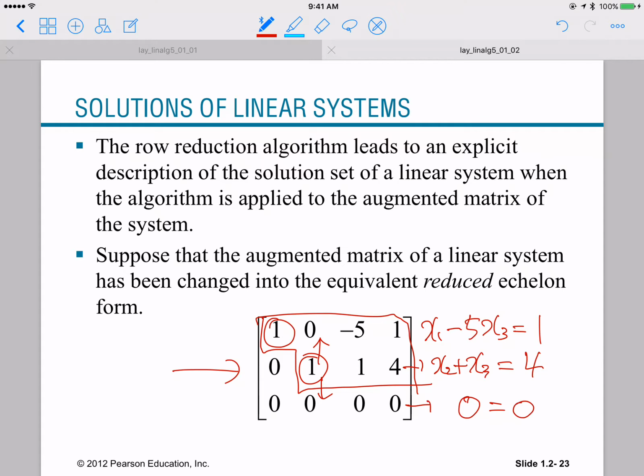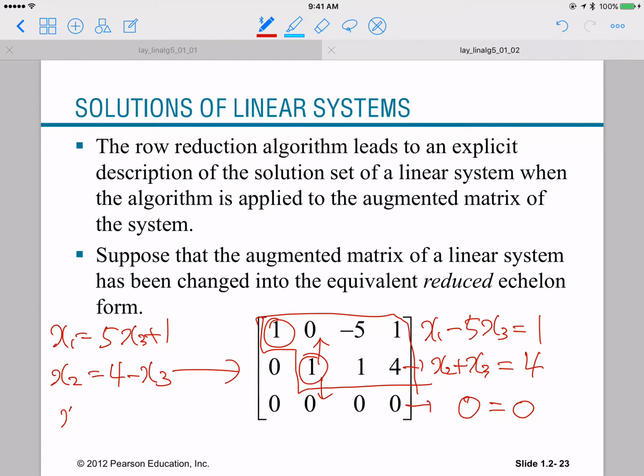From these equations, you just express or give an answer for your x1 to x3. It is like this: x1 is 5x3 plus 1, and then x2 equals 4 minus x3. So this is your solution.